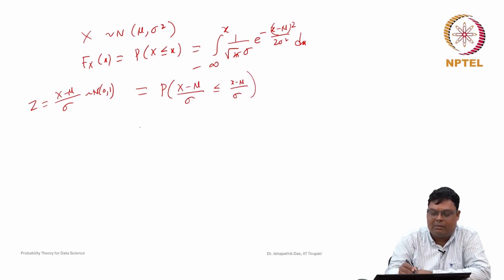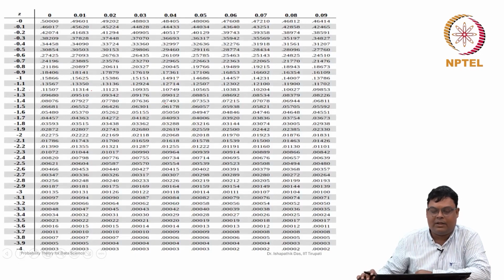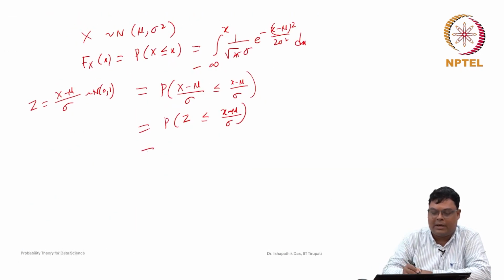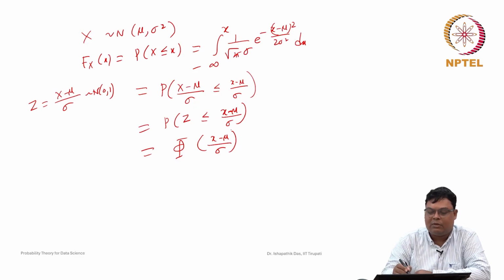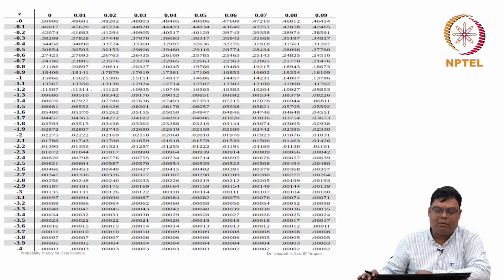Now X minus mu by sigma is nothing but Z, so this is the probability that Z is less than or equal to x minus mu by sigma, which by notation is phi of x minus mu by sigma. Mu and sigma are known, so given any small x value, we can find x minus mu by sigma, and from the table we can compute this probability.